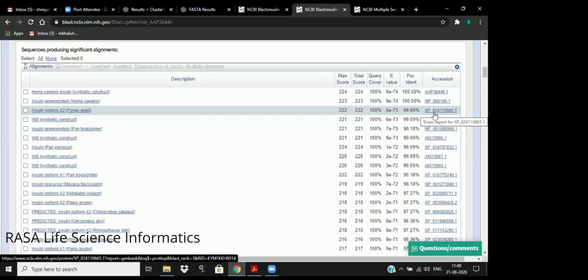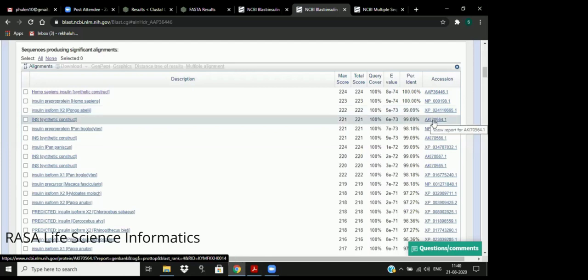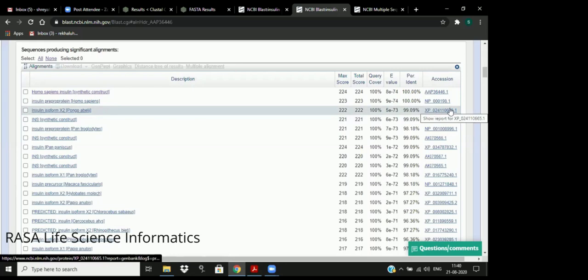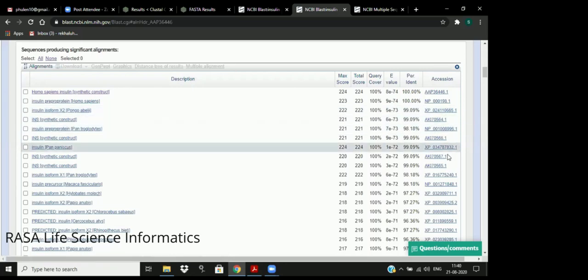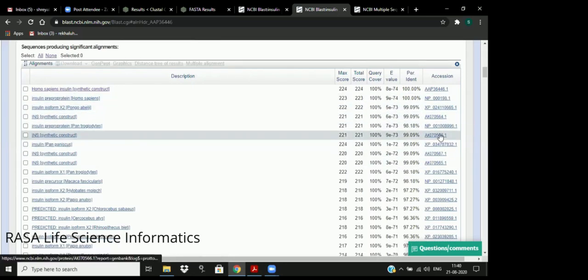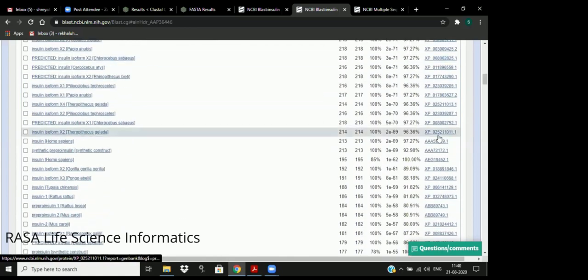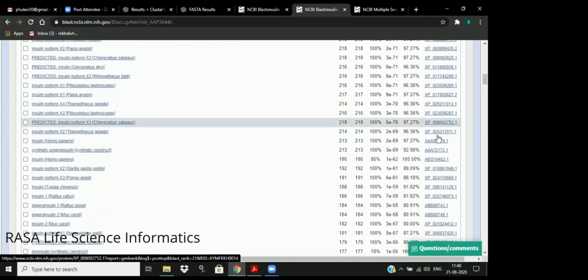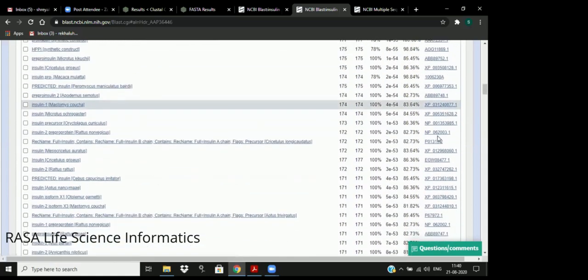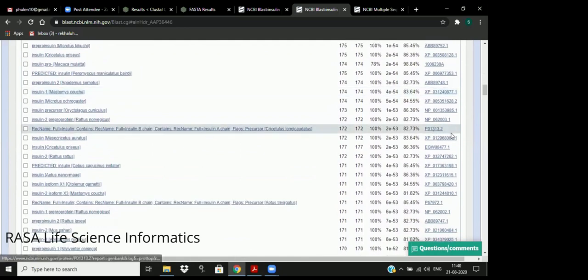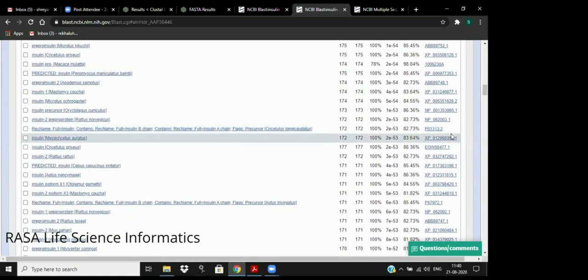This is your NCBI accession, XP, NP and all. If you scroll down, you may find some others also. Yes, you see, UniProt ID is also there. So this is an NR database, which is why all kinds of IDs are given to you.